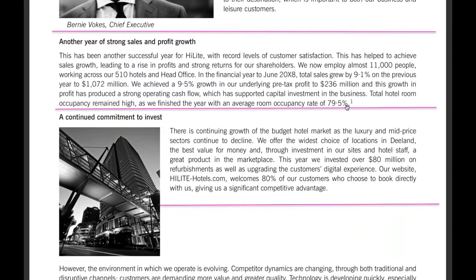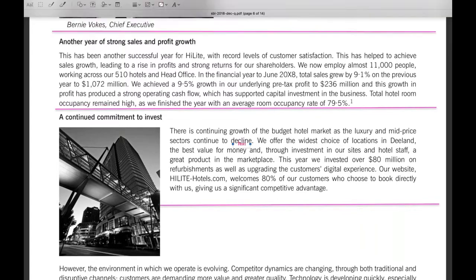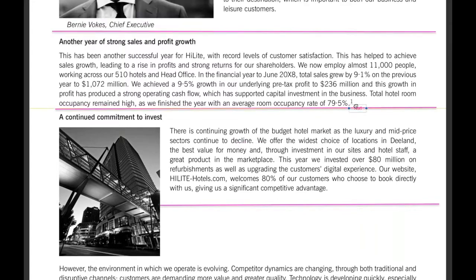Okay, and then this one is actually reflecting that total hotel room occupancy remains high. So they are operating in D-land. So this is actually the home demand.